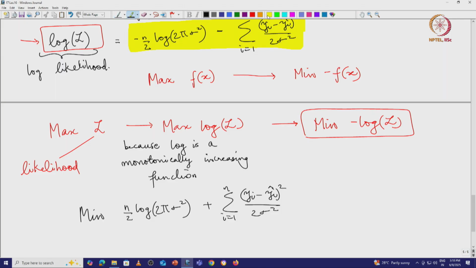Look at this, look at what we have obtained here, (y_i minus y hat) whole squared and then a summation, right. This is really nice because this is just similar to the L2 loss function.